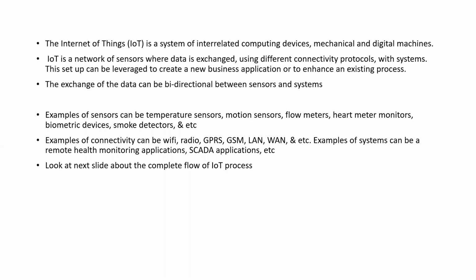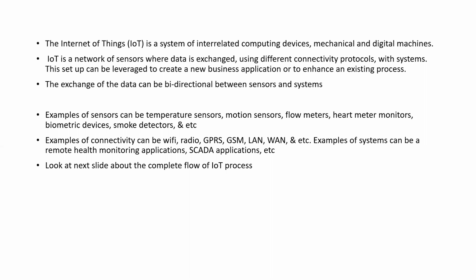Coming to connectivity, examples are Wi-Fi or radio, GPRS, GSM, LAN, WAN, etc. Examples of systems can be remote health monitoring applications or SCADA applications, etc. So these are the connectivity options used in IoT, and the sensors can be temperature sensors, motion sensors, flow meters, heart monitors, biometric devices, etc.